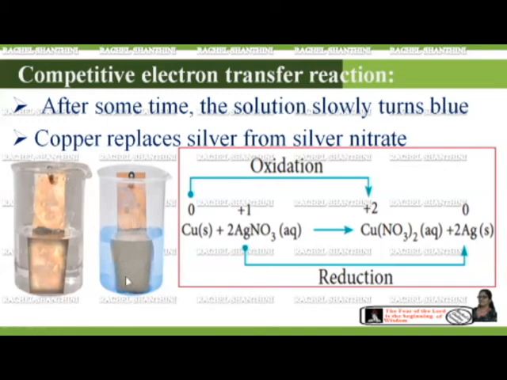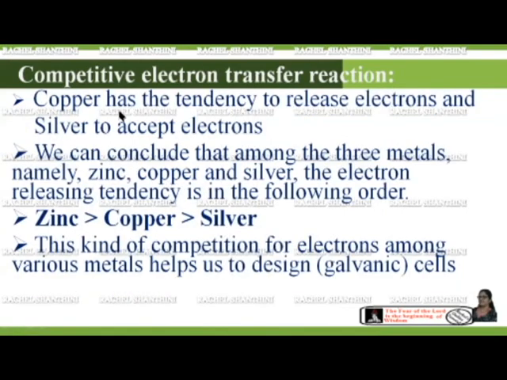From this reaction, we conclude that the electron releasing tendency of copper is higher when compared to silver. So in the above reaction, copper has the tendency to release electrons and silver has the tendency to accept electrons. We can conclude that among these three metals, namely zinc, copper and silver, the electron releasing tendency is in the following order.